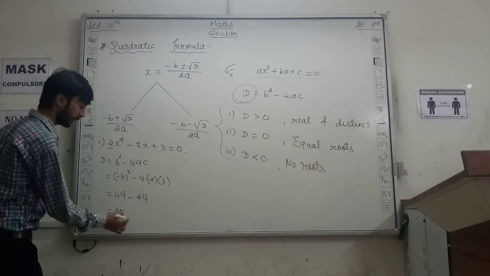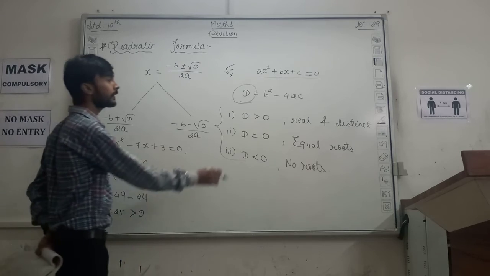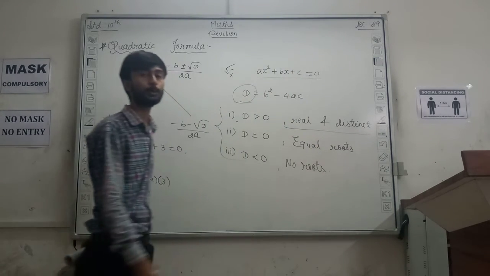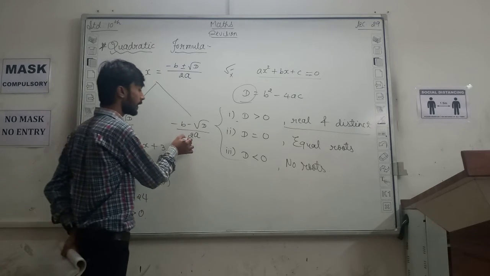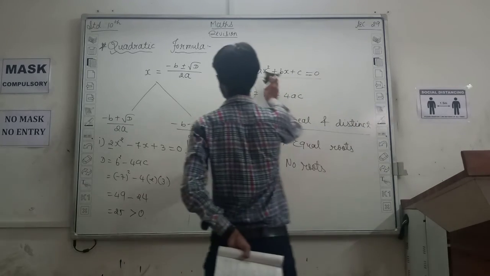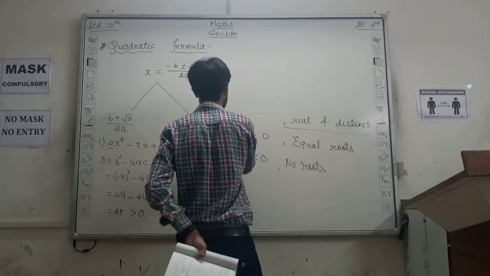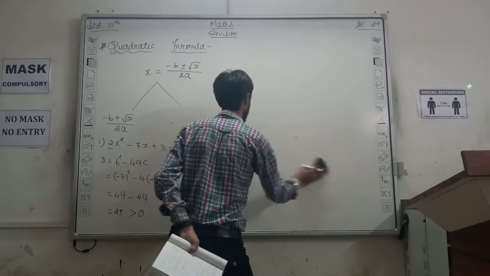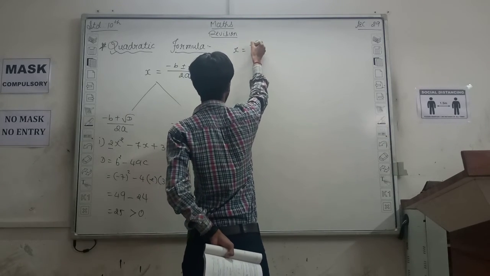And 25 is greater than 0, that means real and distinct roots, that means roots exist, and if roots exist, then we need to find them. Okay, so use the formula x equals minus b plus or minus square root of d upon 2a.